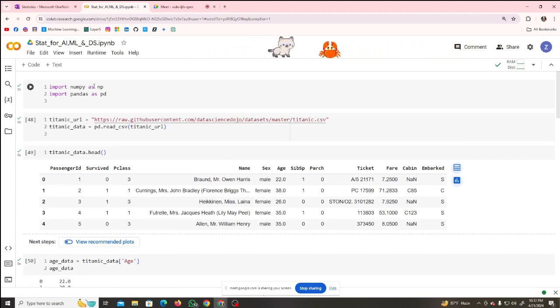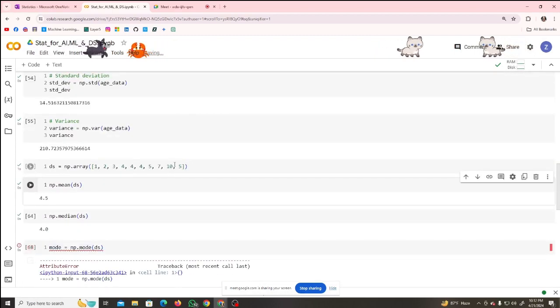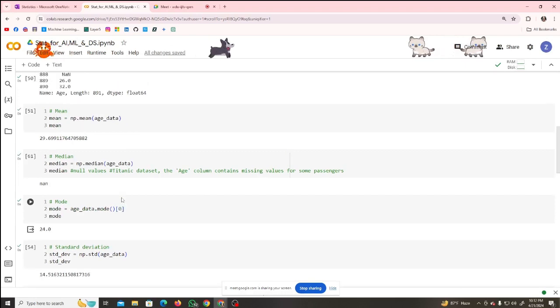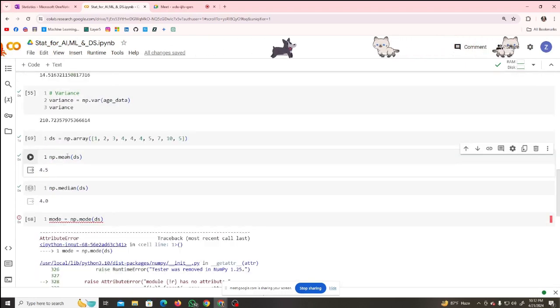So this as word is used basically to give a short name for NumPy. So you can see we just have to write np dot what you want to do. You want to find the mean of that dataset. Then in brackets you have to write the dataset name, which is ds. You are finding 4.5 here.